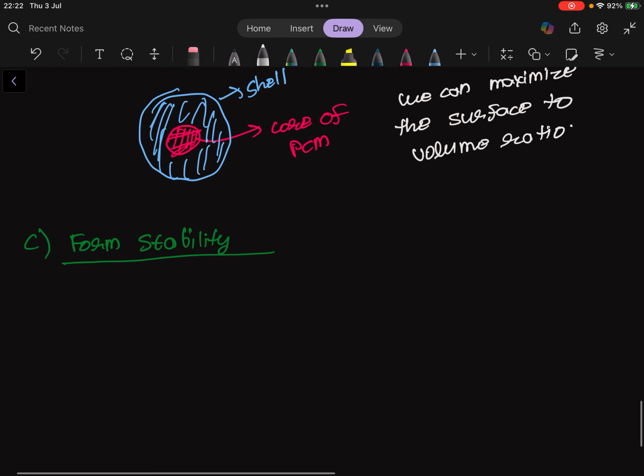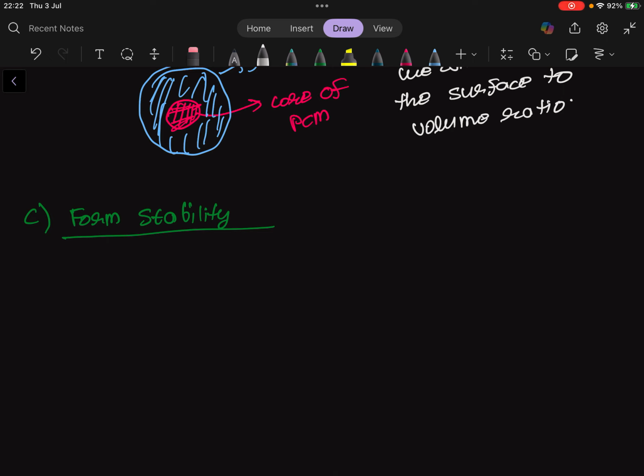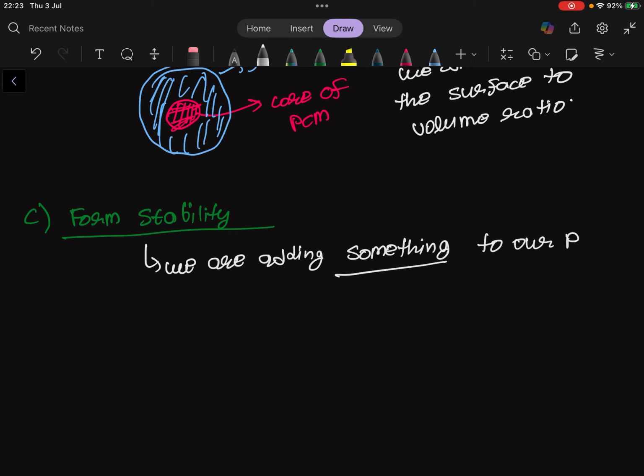In this case, we are adding something to our PCM material which helps to retain their shape.